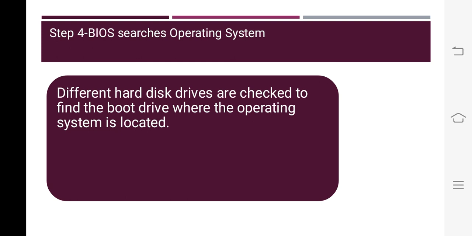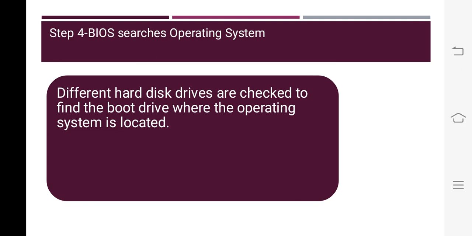Virtually, children, hard disks are divided into different parts, partitions like C drive, D drive, E drive. Physically, not only virtually. So the BIOS checks on which drive the operating system is there.